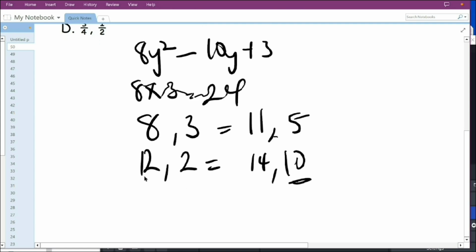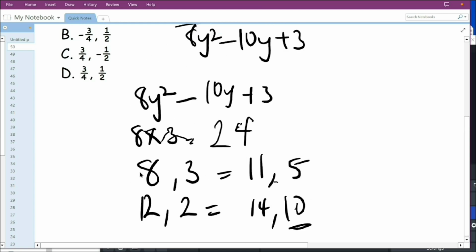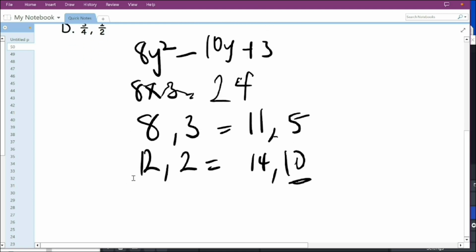For you to get 10, since you're subtracting, one of them will have to carry the negative. If the 12 is negative, minus 12 times plus 2 will not give us plus 24. We need plus 24. If the 12 carries a negative, minus 12 times plus 2 gives us minus 24, so that will not work.